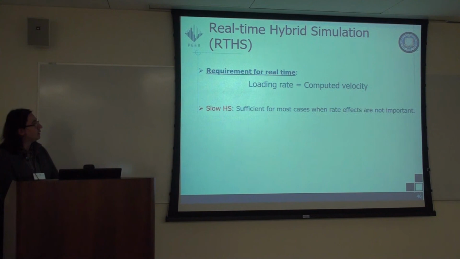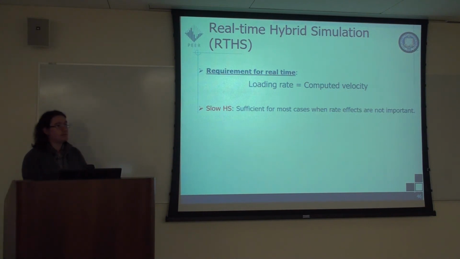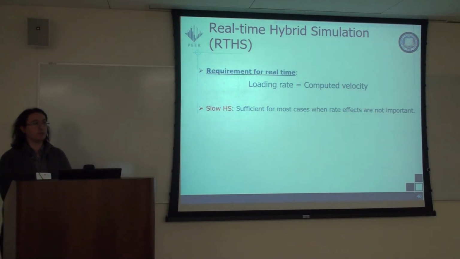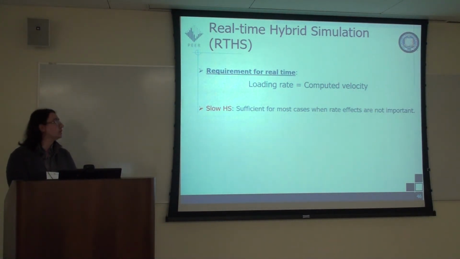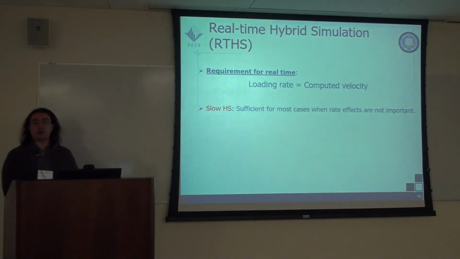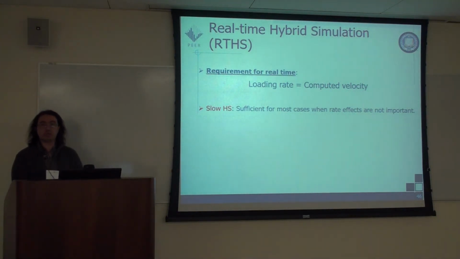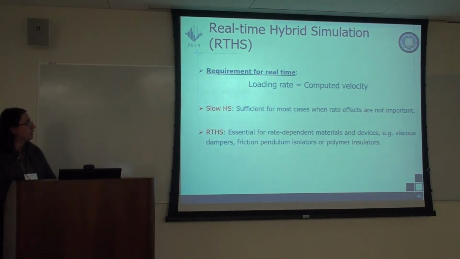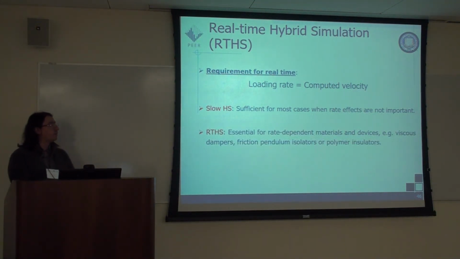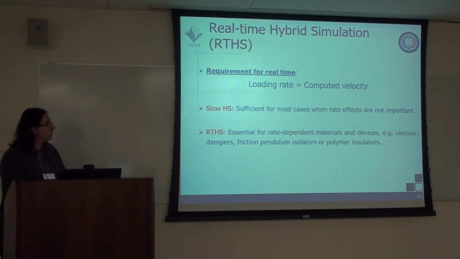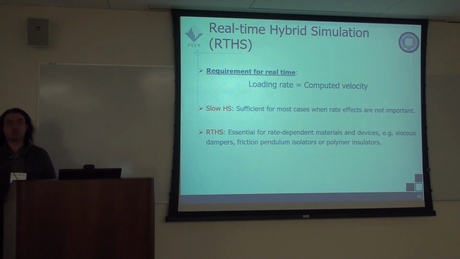In cases where rate effects are not important, where your resisting force doesn't depend on how fast you apply your loading, you can do slow hybrid simulation because that wouldn't change your resisting force. But in cases where you have rate-dependent materials such as viscous dampers or friction pendulum isolators, you need to use real-time hybrid simulation. Otherwise, the hybrid simulation will not be correct.